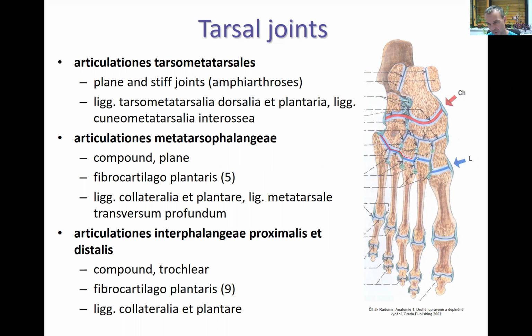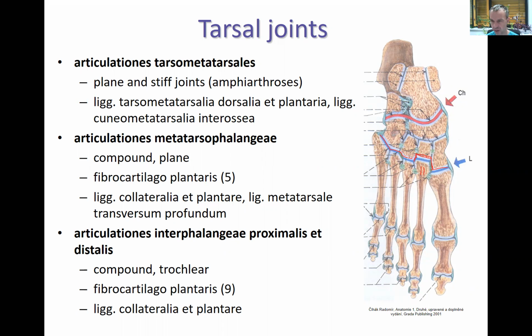But what is important is this position. You can see that the second metatarsal bone and its base is located more proximally than the other ones. So this serves here as a peg, yeah? And this peg helps us to keep the arch of foot firm and stiff.